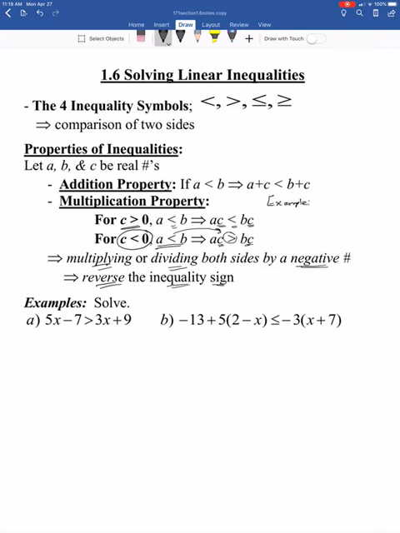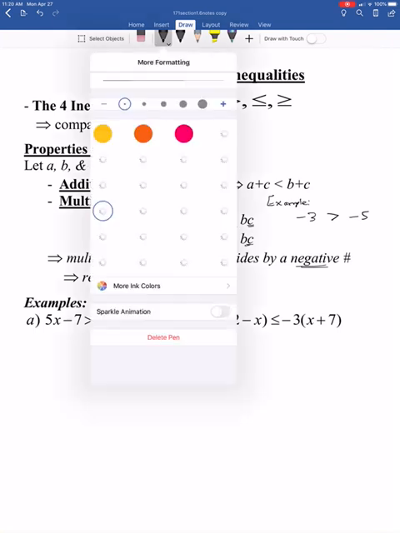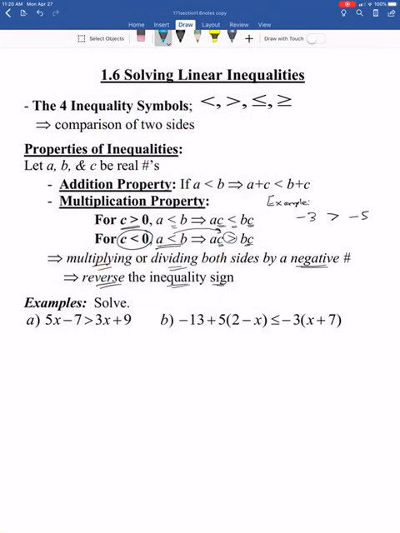We all know that negative 3 is greater than what? Negative 5. We can look at two negative numbers. Now, if I were to multiply both sides by a positive number, say we multiply both sides by 2, that would imply negative 6 is greater than negative 10, which it is. That's true.